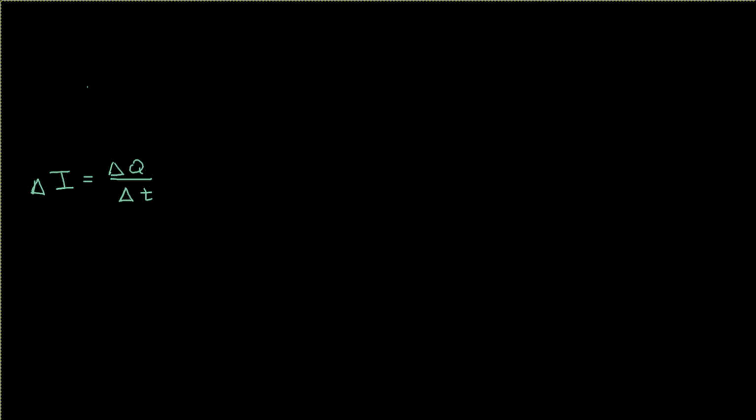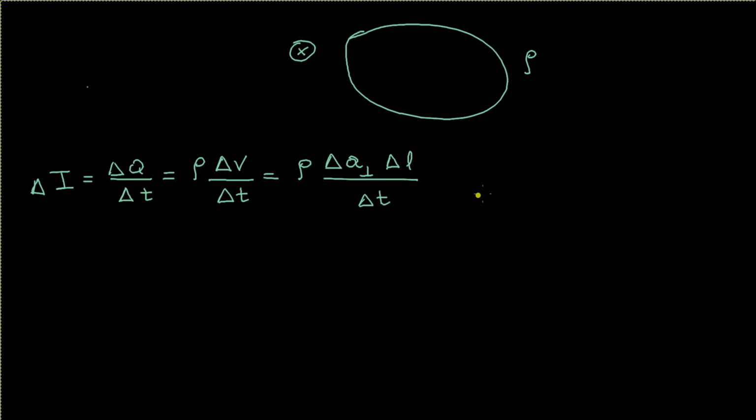And then when we move on and we have volume charge densities, moving in the 3-dimensional wire, I start again with the same definition. The charge delta Q is the volume charge density times the small volume delta V over delta t, and then I can write a volume.